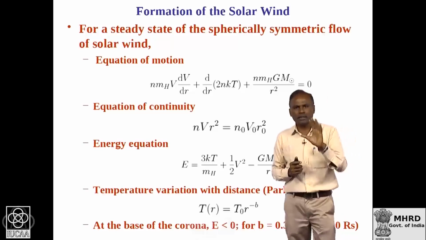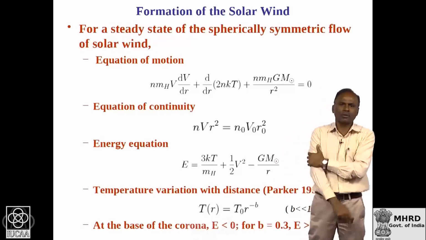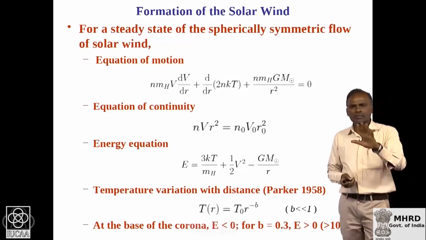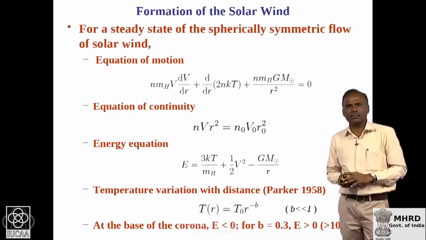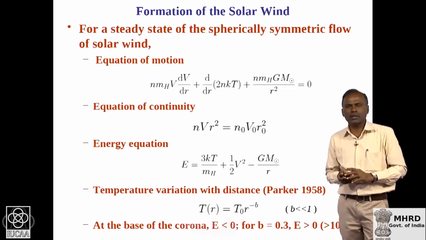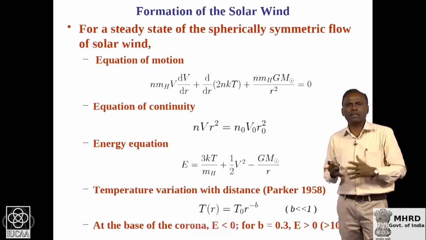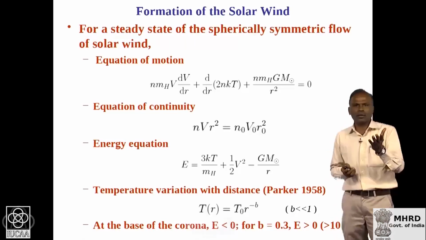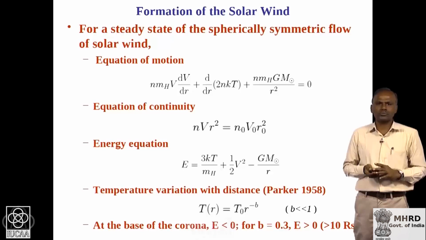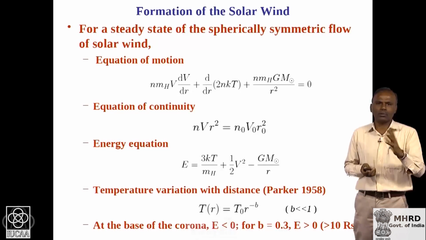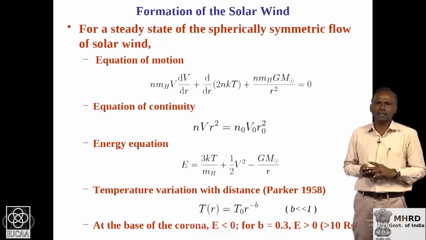For example, there is another term. This was proposed by Parker in 1958, the radial variation of solar wind. For example, r to the power of minus b when b is much smaller than 1. For example, at the base of the corona, b is much less than 1, it is about 0.3.